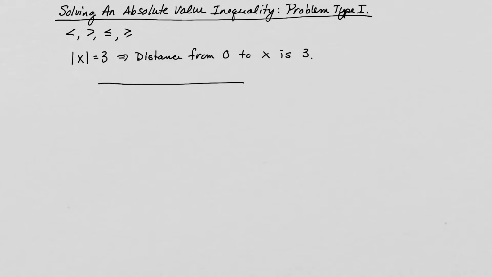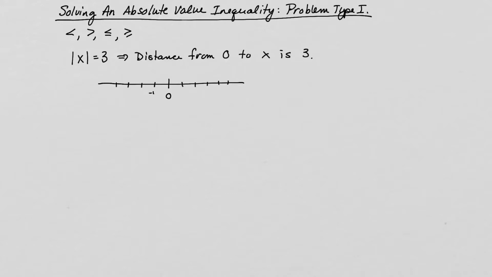So if we remember the absolute value, when we talk about the absolute value of x being equal to 3, what we're really saying is that the distance from 0 to x is 3. And if you remember when I taught the absolute values, if here's 0, let me put a couple more check marks on here.